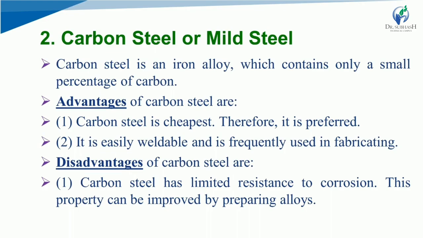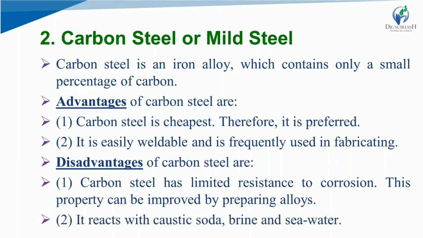You can mold it into any shape, and therefore it is also used in fabrication. But the disadvantage is that it has very limited resistance towards corrosion. Therefore, you have to consider this disadvantage and then select the material. But this can also be improved by preparing its alloys. It reacts with caustic soda, brine and seawater. So the reaction is not good for carbon steel. Otherwise it can corrode, it can degrade.